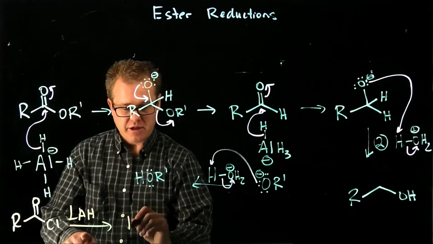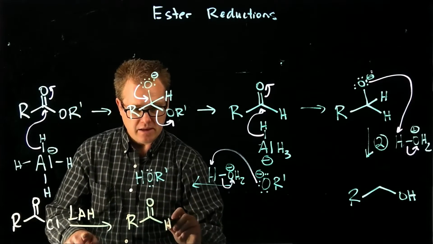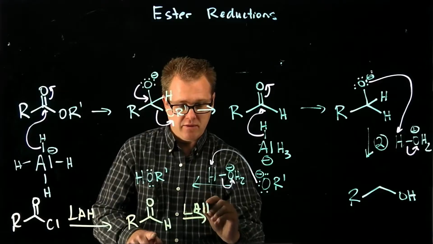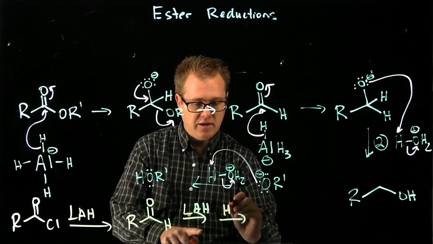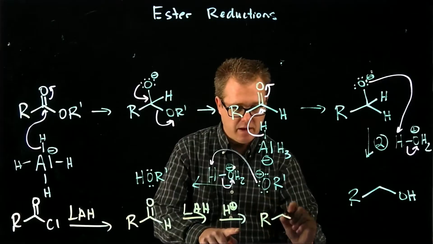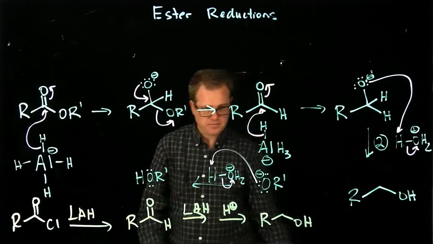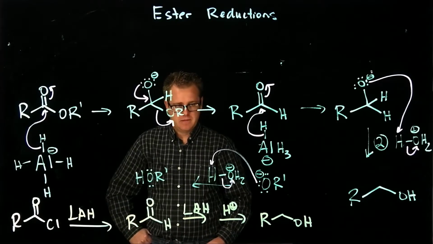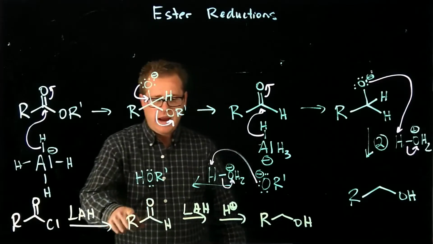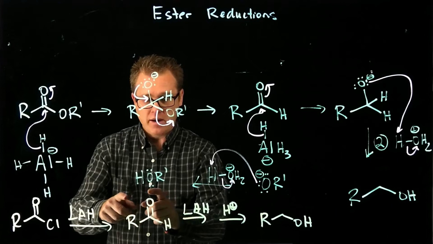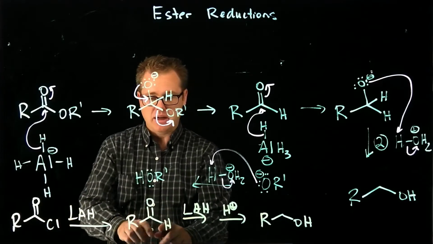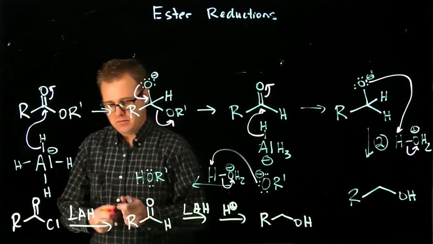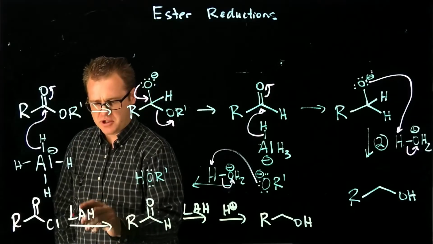The first intermediate that you're going to get is the aldehyde, just like this aldehyde right there. And then you do the second equivalent and then the acidic workup to give us our alcohol, right? Remember that? What reagent would I use if I wanted to take an acid chloride and reduce it to the aldehyde? Do you remember what that reagent's called? It's a mouthful for sure.